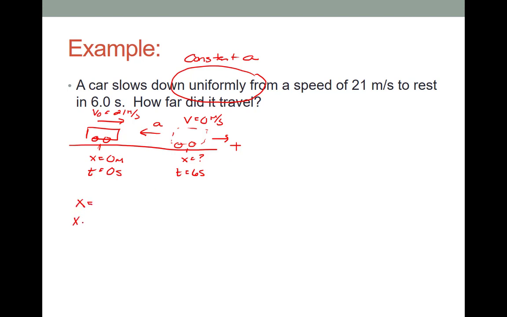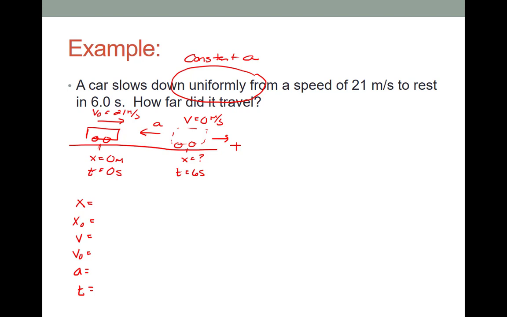I can now move on to writing my grocery list. The grocery list includes all the possible variables that I have in the problem. So I have x, the position, x naught, the initial position, v, the velocity, v naught, the initial velocity, the acceleration a, and time t.